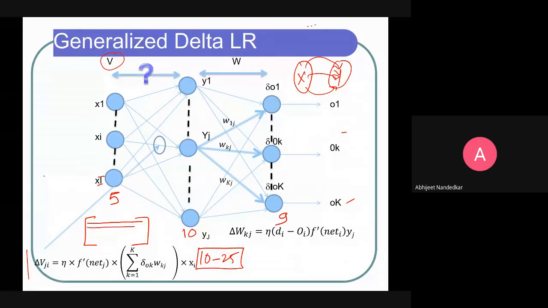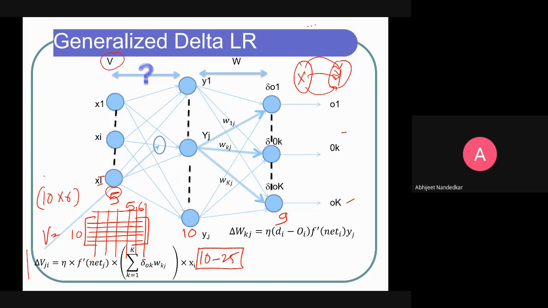So you have 10 rows for 10 neurons. And then you have 5 columns here. So for the matrix V, if you consider the extra node, then you have 6 actually. So 5 plus 1 is 6. So the dimension of V matrix is 10 by 6.